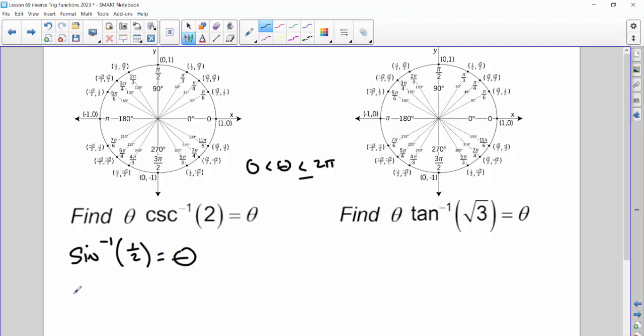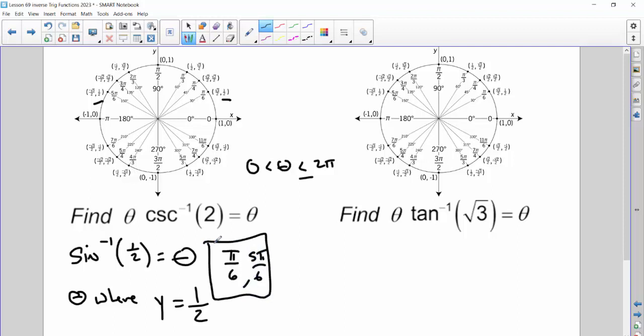And that's basically where is y, angle theta, where y equals a half. And I go look at my unit circle and I say, well, y is a half right here, and then y is a half here, and then I've got negatives for y, so no big deal. So in this case, between 0 and 2 pi, I've got values of pi over 6 and 5 pi over 6.